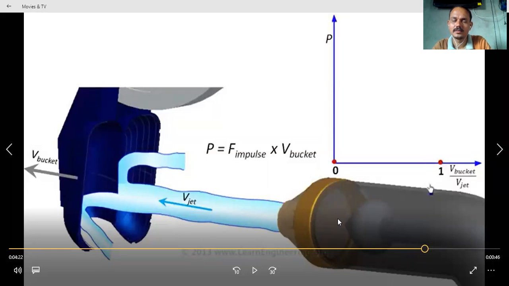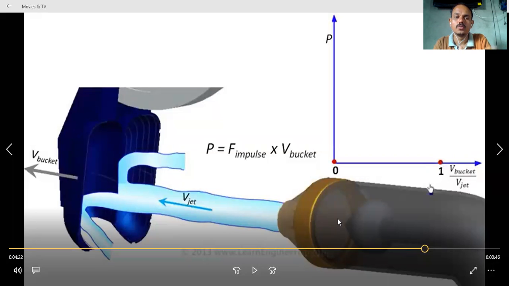Get it? Yes, sir. So this is related to actual velocity and relative velocity. The actual velocity is different and the relative velocity is different. Then there are other velocities also, like whirling velocity.